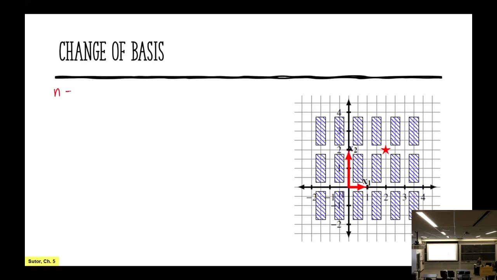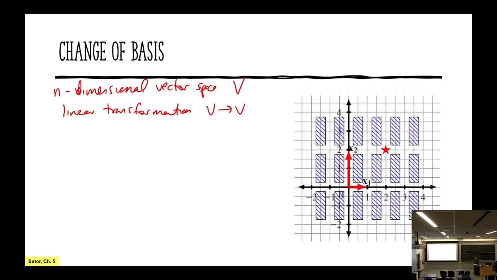If we imagine we have some kind of n dimensional vector space, we're going to call it V, and we have a linear transformation in V, so it takes V to V, then we can choose different bases for V. Let's call one of them x, and x is just equal to some set of coordinates.